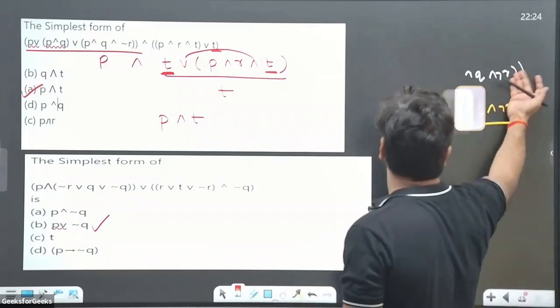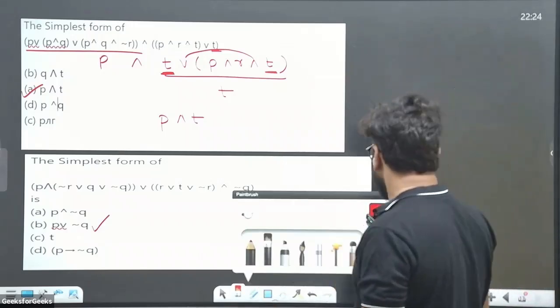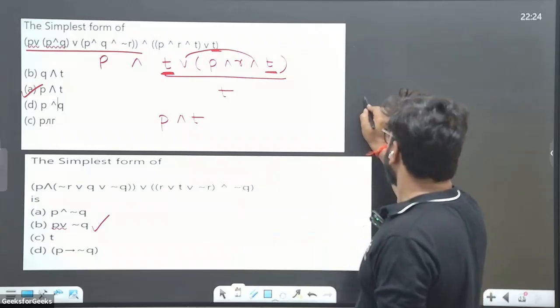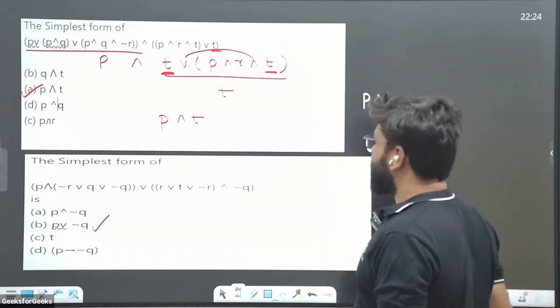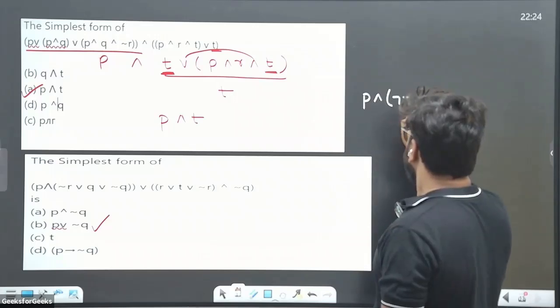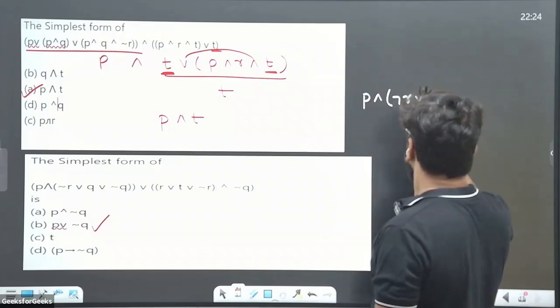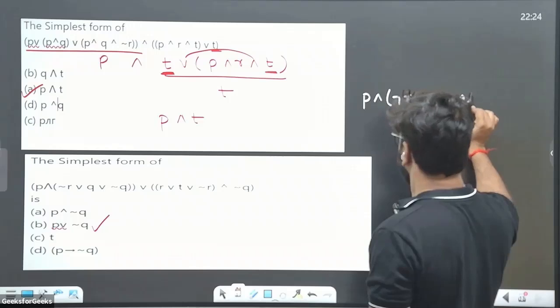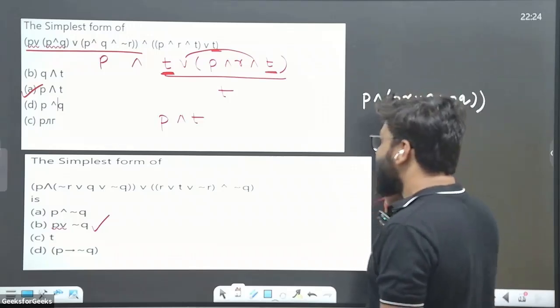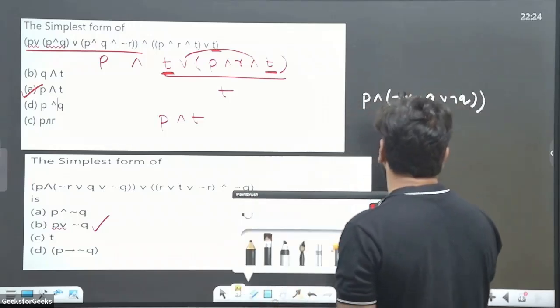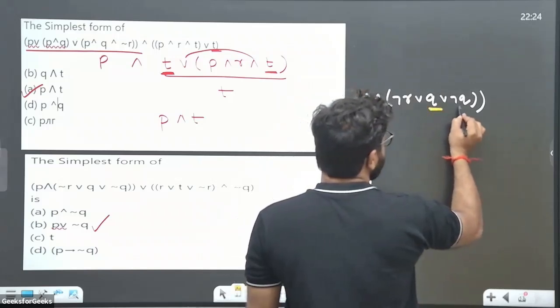Okay, now let's see the second one. What does it say? Here you will have P and negation of R or Q or negation of Q. So first we will try to solve this. One is positive, one is negative.